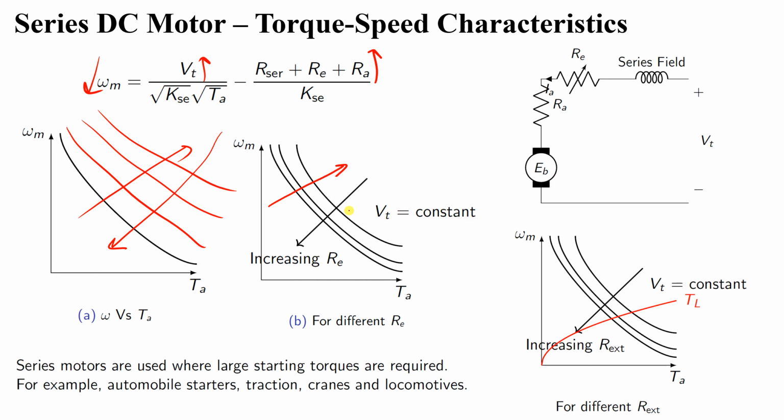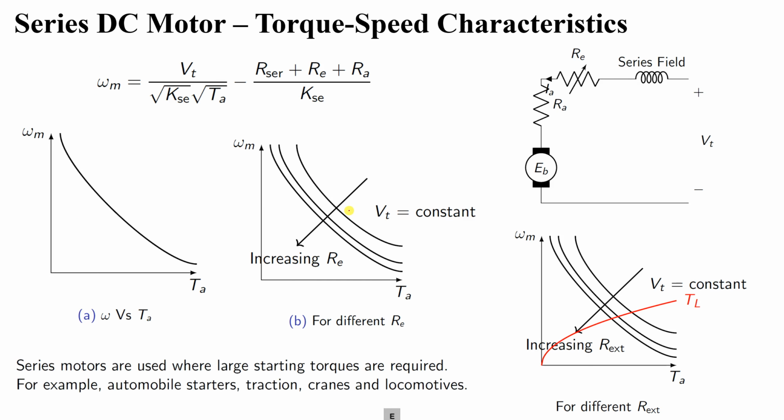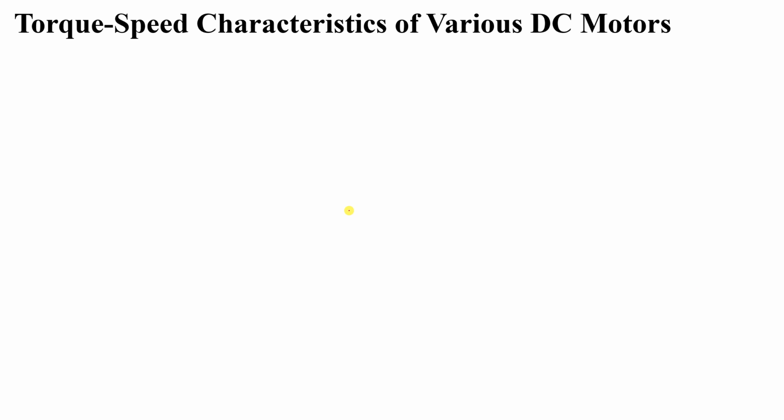Now, the series motors are used where large starting torques are required, which is in automobile starters, traction, cranes, locomotives, and so on.